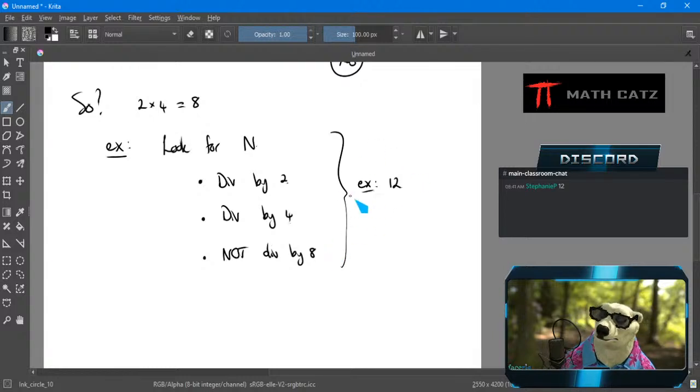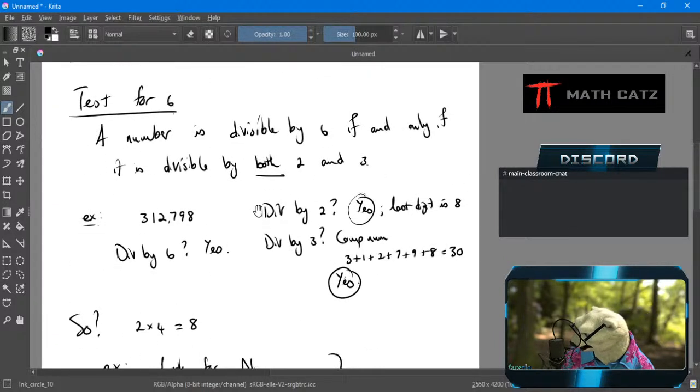So very, very easily, there are examples that show that this way of thinking, that the test for 6 gives me, can't necessarily just be generalized for anything. I can use 2 times 3 equals 6 to remember this test, but don't run with it and think, oh, now it works for everything.